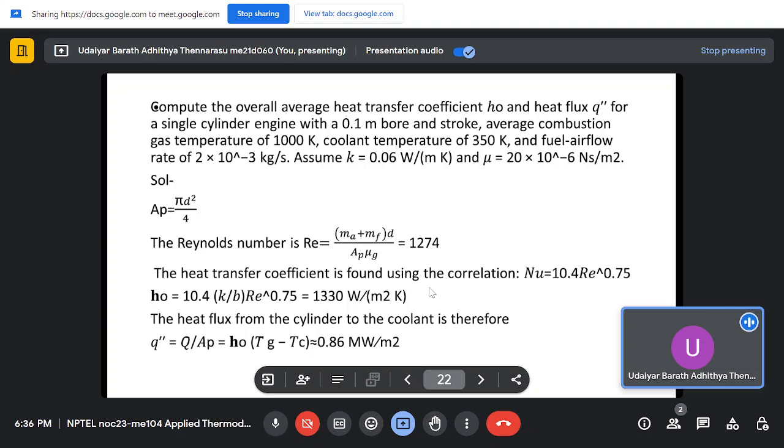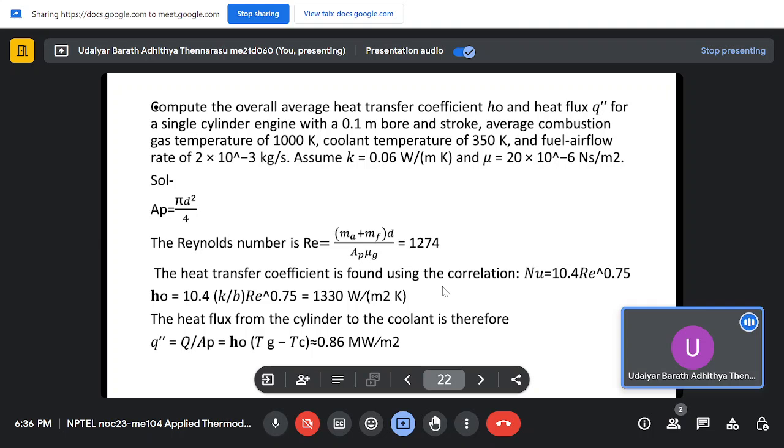So now what we will do is Q dash is Q into A_p. So we can find out the heat flux, which is H naught into Tg minus Tc, the gas temperature minus the coolant temperature. So we know the H naught value, which we calculated, 1330, into Tg is 1000 and Tc is 350.